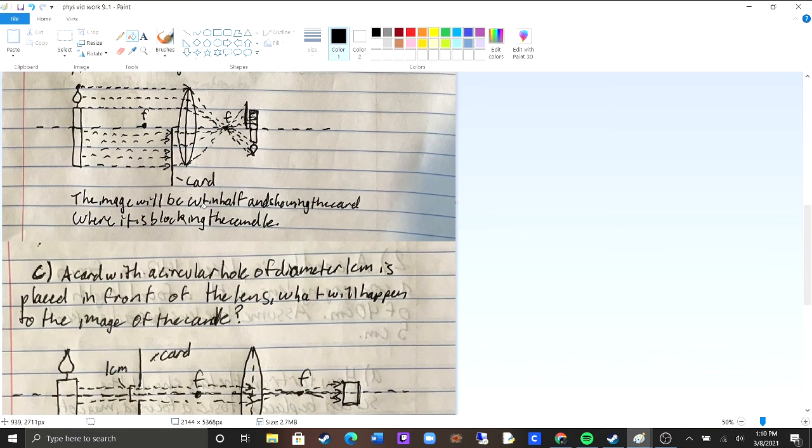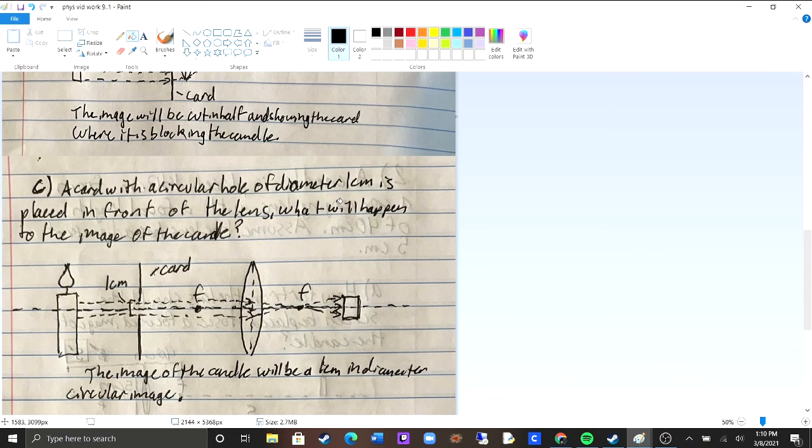And then for part C, it's asking, a card with a circular hole of diameter 1 centimeter is placed in front of the lens. What will happen to the image of the candle? So it's placed right here, and we have a 1 centimeter hole in it. The rays coming off the candle, this distance is also 1 centimeter because everything else is blocked.